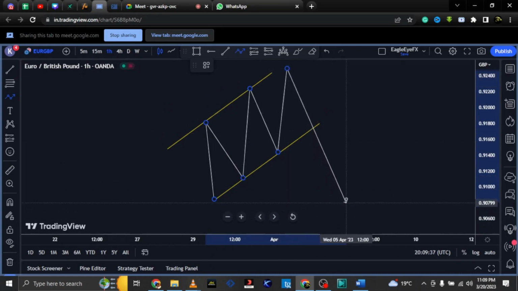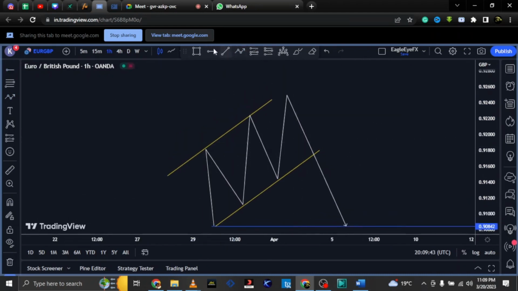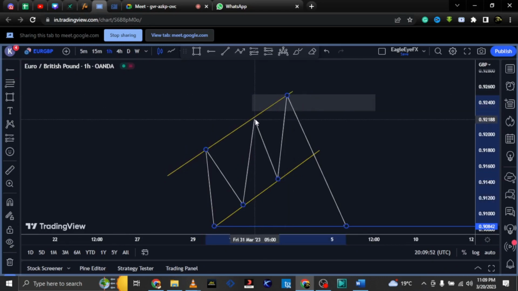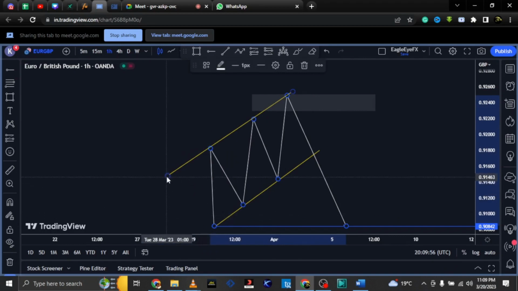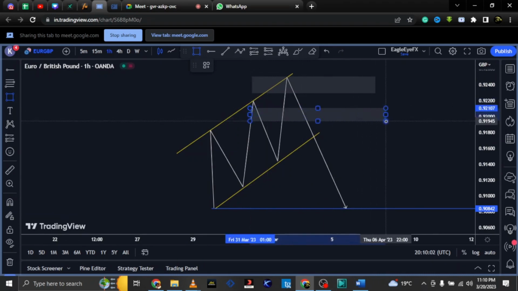Let's say normally the target is here. What happens, there are 3 levels. We have the first level over here. The market is not this perfect, but let's just assume it was clean. We have that first level over there. We have a second level over here.